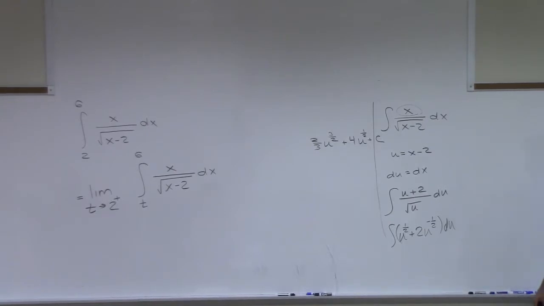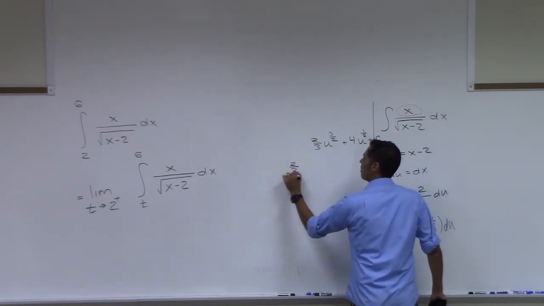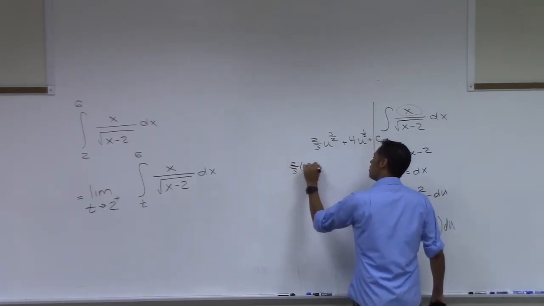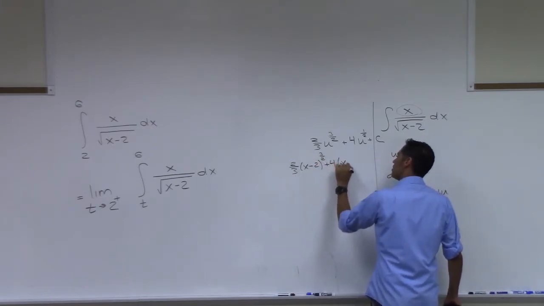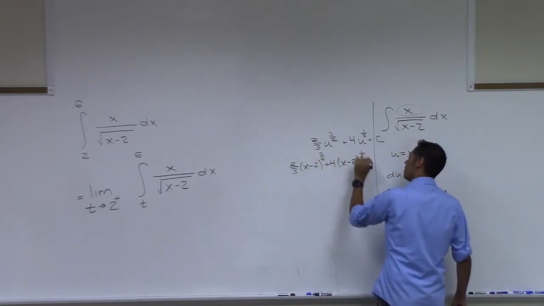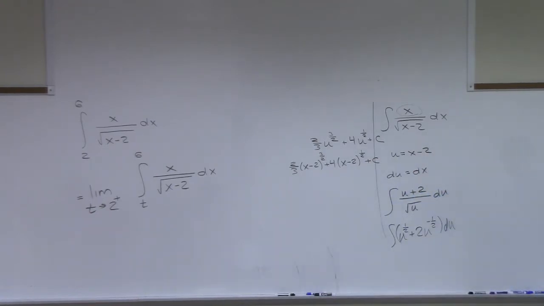And now replace u with x minus 2. So 2/3 (x minus 2) to the 3 halves plus 4 times (x minus 2) to the 1/2 plus c. There it is. That's our antiderivative right there.